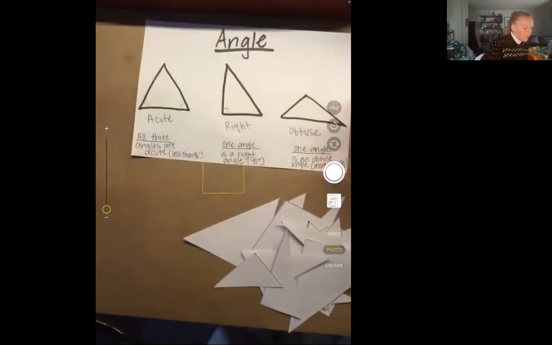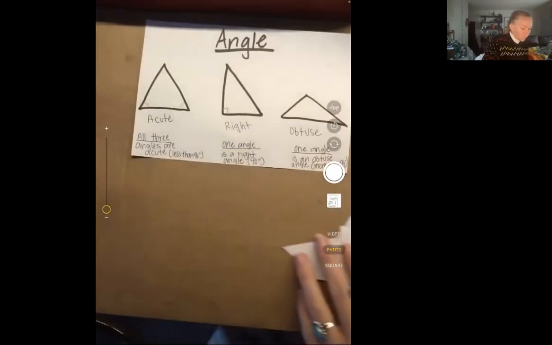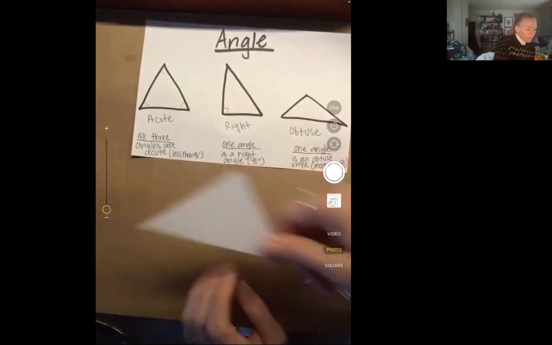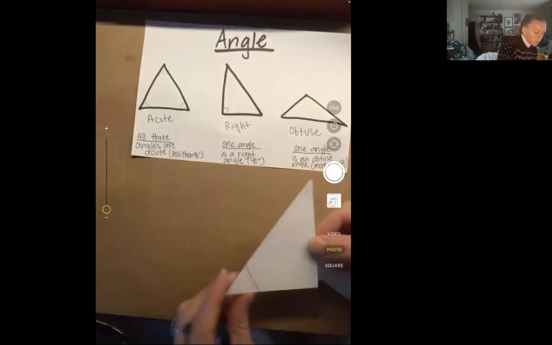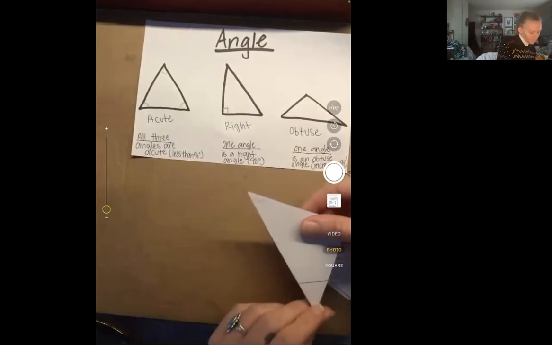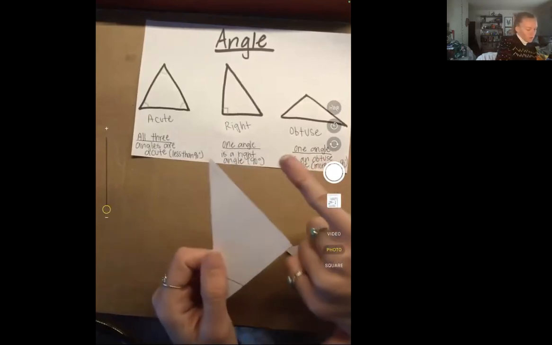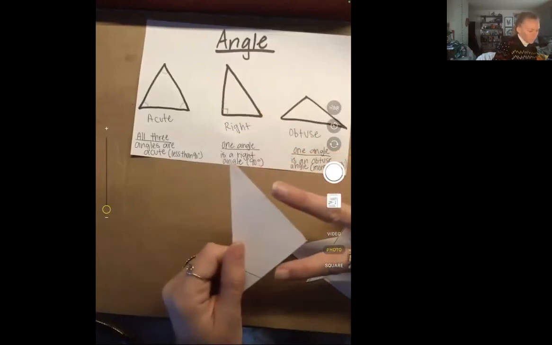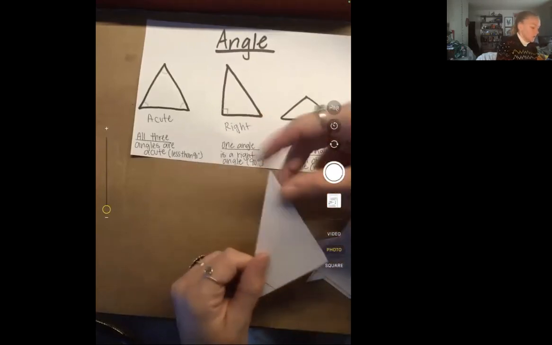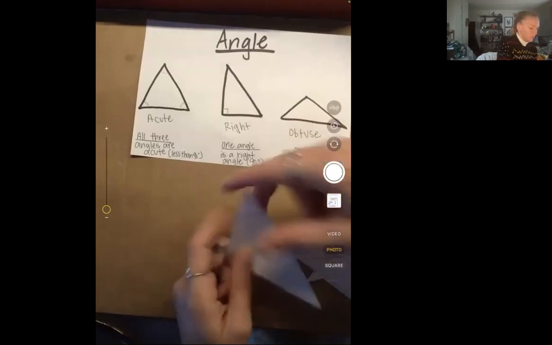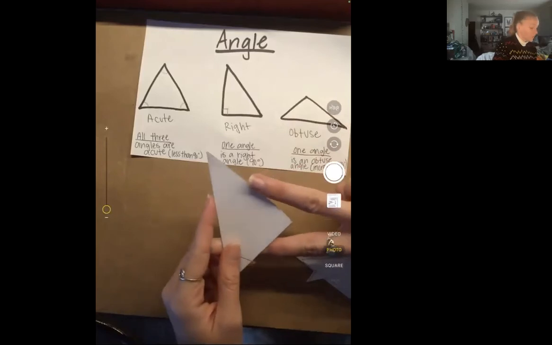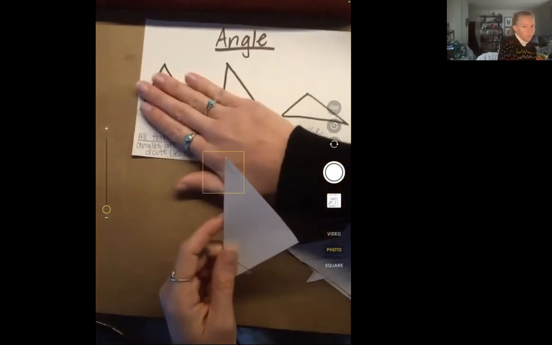Okay, so what you are going to do is go through and measure and place where they belong. So I'm going to look at this one first. It's smaller than my shaka. Oh, it's bigger than, that's acute. This is not acute. So I know it's not this one.